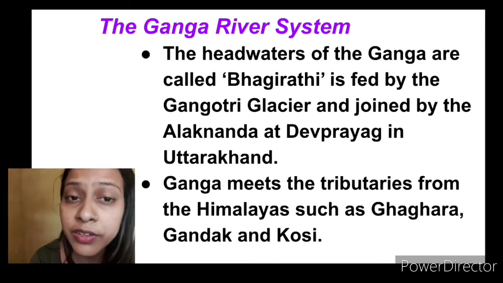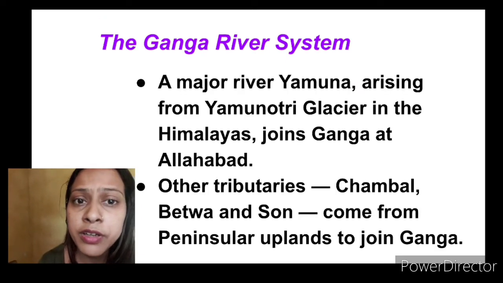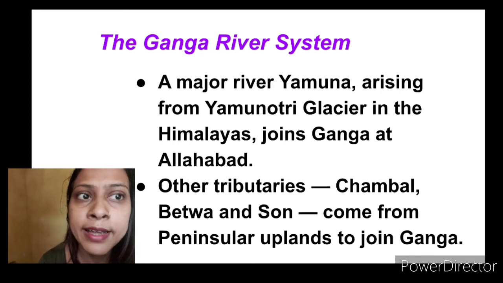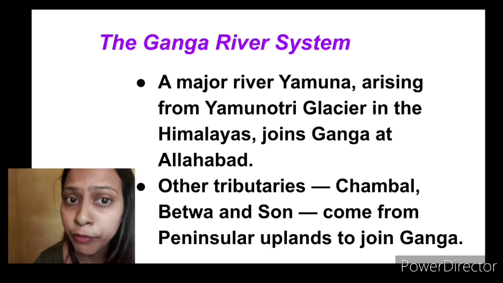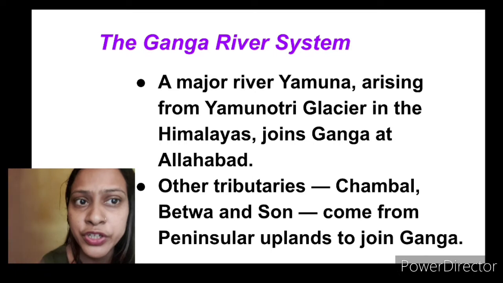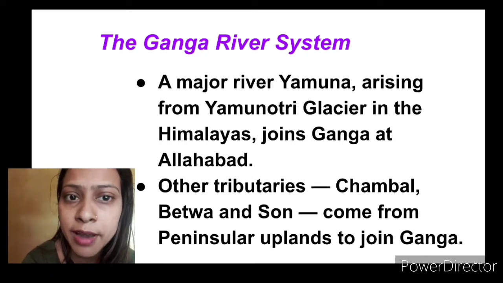There are various tributaries joining from the Himalayan region, and Yamuna is also one of the important tributaries and the longest tributary of river Ganga, originating in the Himalaya and joining Ganga at Allahabad. It arises in Yamunotri Glacier. Other tributaries joining river Ganga from the peninsular uplands are Betwa, Son, Chambal.